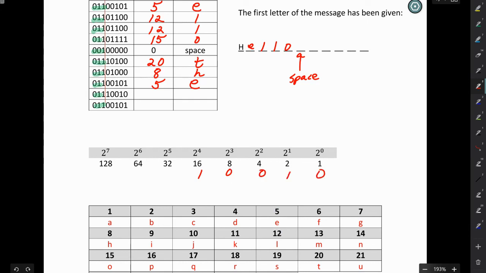So that's going to be 16 plus 2, which gives us the number 18. 18 is associated with letter R. And then the final number here, 0, 0, 1, 0, 1, is going to go with the number 5, and we know that's letter E. So this little message says, hello there.